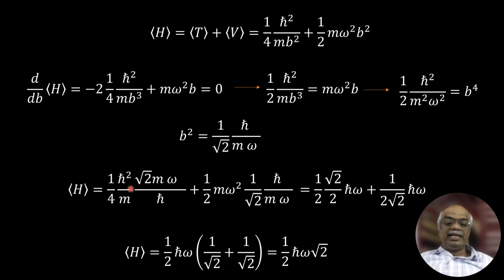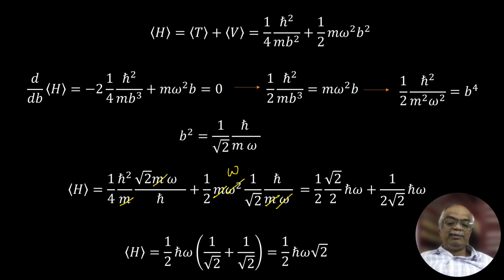Now you can cancel some of the things. You can cancel m here, and here also m you can cancel. And here omega you can cancel with this omega squared, which will become just omega. And you will get this. You can take 1 over 2 here, 1 over 2.